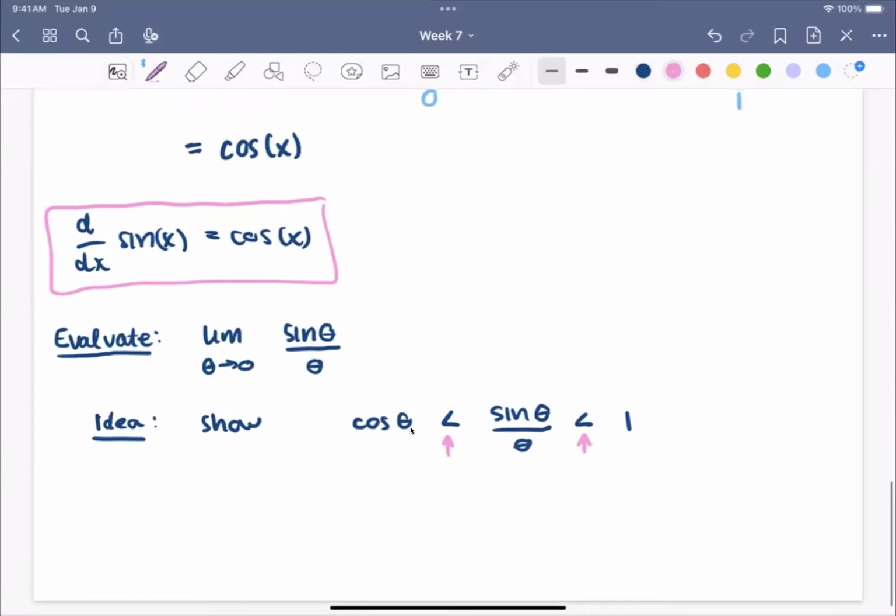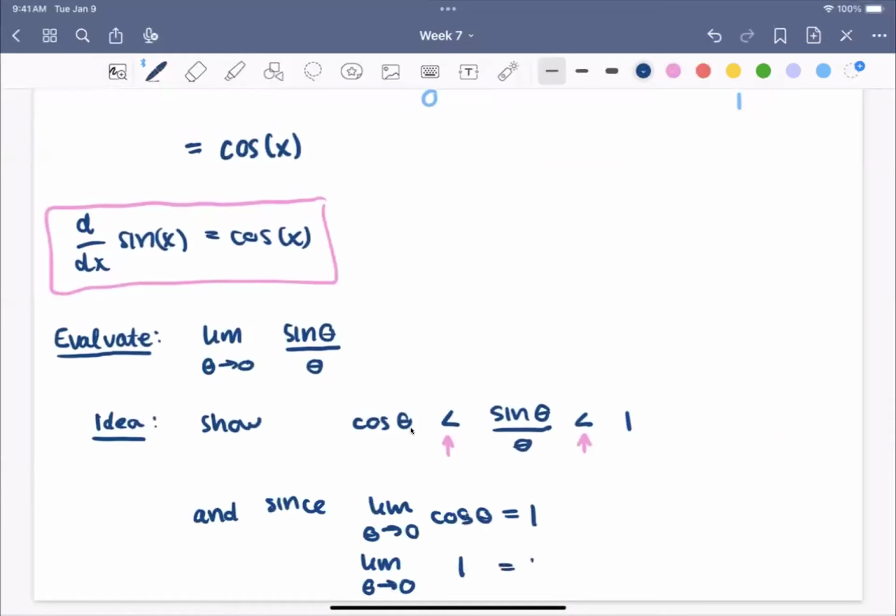So we show this inequality, and since the limit as theta approaches 0 of cosine theta is equal to 1, right? Because cosine is a continuous function, so we can just plug in, and cosine of 0 is 1. And this is also equal to the limit as theta approaches 0 of 1.